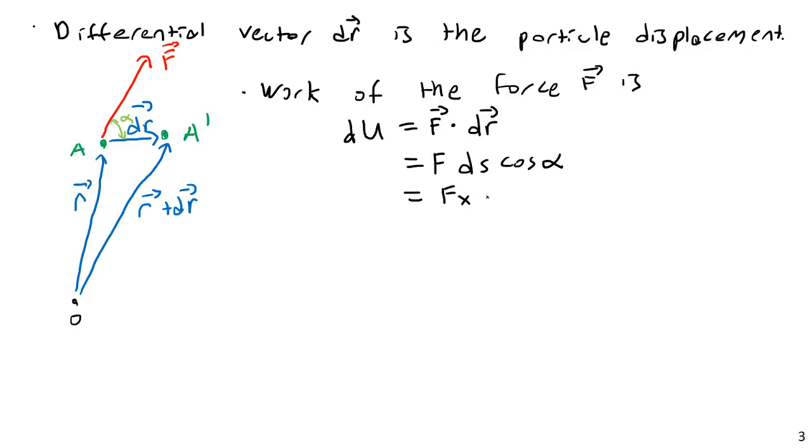And don't worry, we will work through some examples here. As always, I like to work through the theory first and then move on to some specific numerical examples. Fx dx plus Fy dy plus Fz dz.